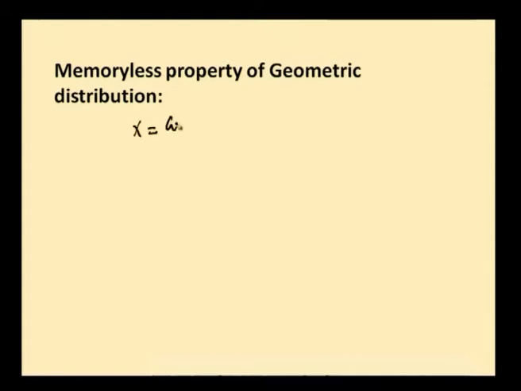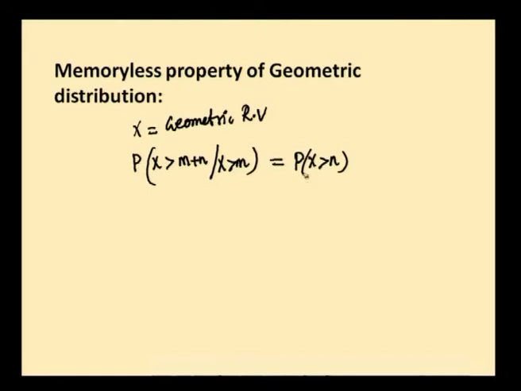If x is a discrete geometric distribution random variable, then P of x greater than m plus n given x greater than m was there, and it forgets that it was greater than m, and it will remember only x is greater than n.